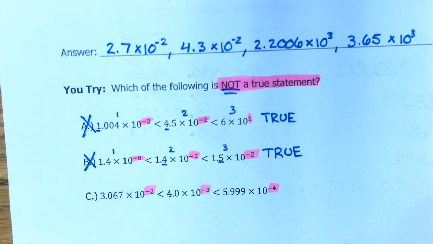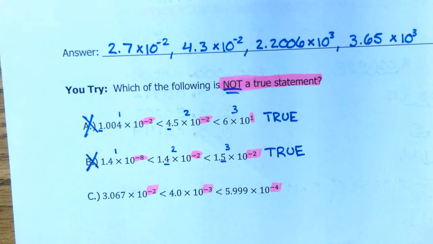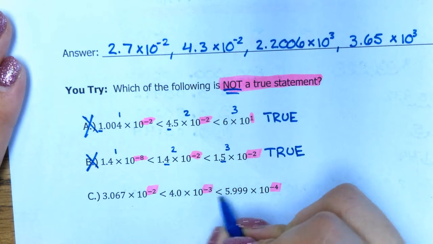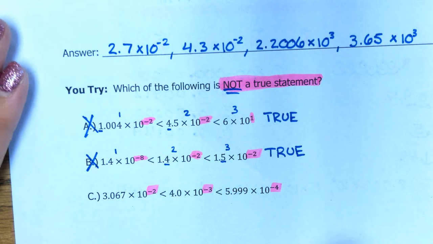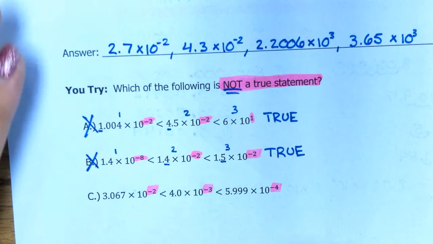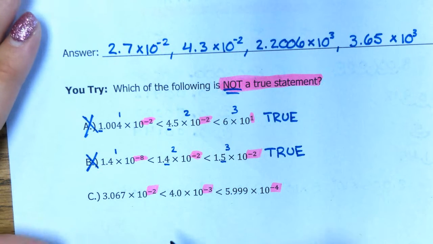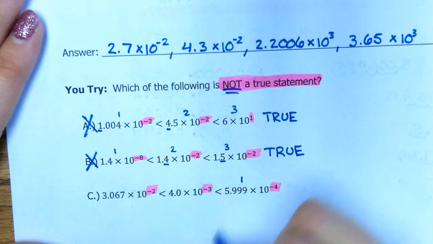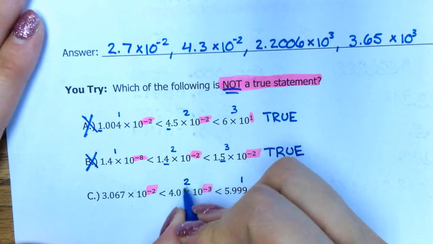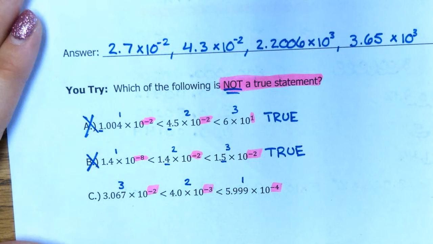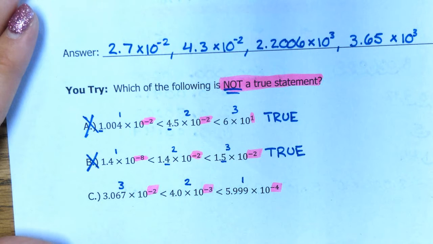Now we know the third one's got to be the answer, but let's look at it anyway. This one says -3, -2, -4. Okay, so this one is actually ordered greatest to least. So this would be my smallest, this would be my second smallest, this would be my third smallest. So it's just asking if they're in the right order.